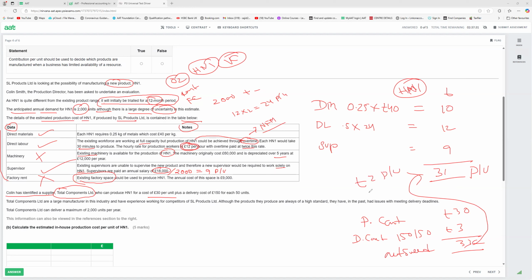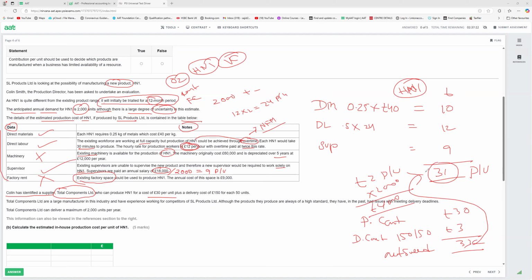So for 2,000 units, multiply 2,000 by 2, so 4,000 pounds I can save every year if I make it myself, and not buy from outside.